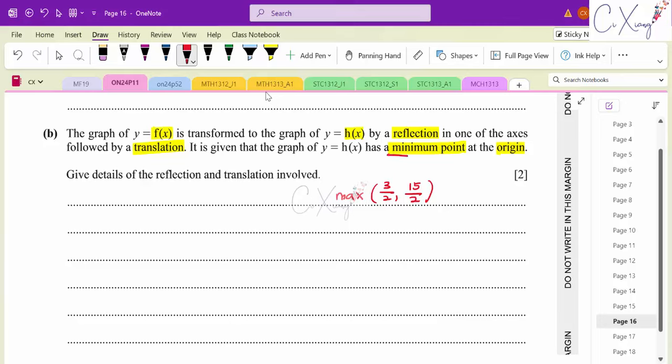So to get a minimum point after the transformation, of course, we need to go through a reflection. To change maximum to minimum, basically it is an up-down reflection, because maximum you want to change to minimum.